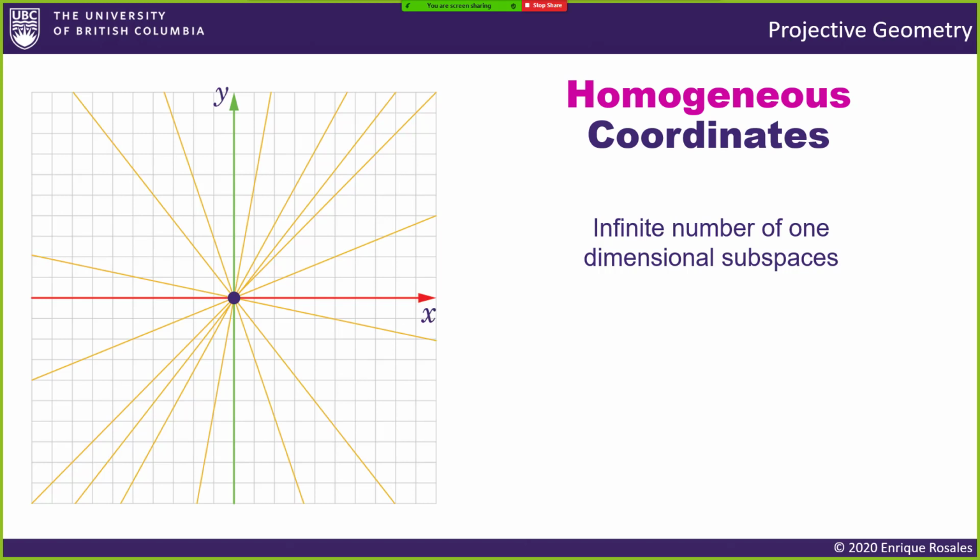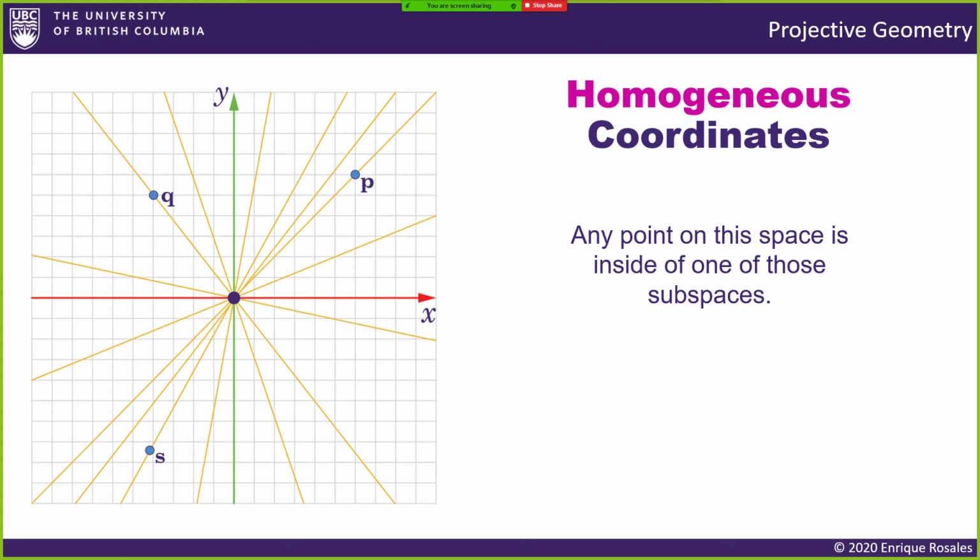Yes, perfect. Okay. Then we can also observe that any point in this space is inside one of those subspaces, and for every point there is only one one-dimensional subspace that is touching that point. Do you agree?